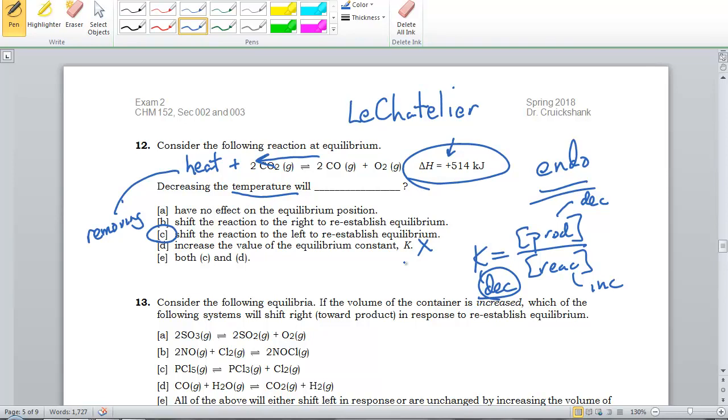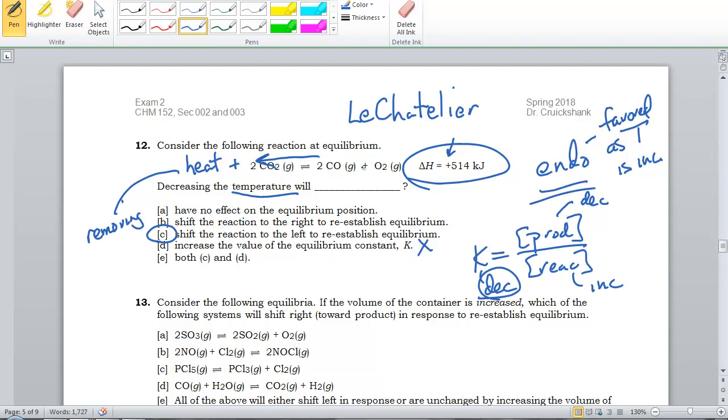All right, one last thing with this problem. Endothermic reactions, because the system does need to absorb heat, are favored as we raise the temperature. Endo, favored as temp is increased. Okay, now what do we mean by favored? This is endothermic. Favoring would mean going in the forward direction.